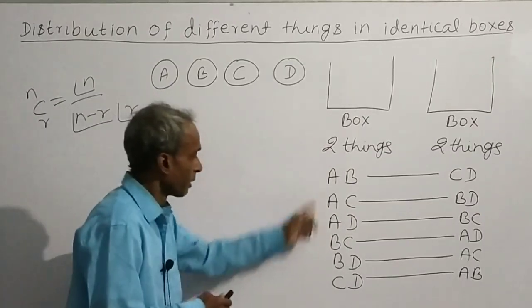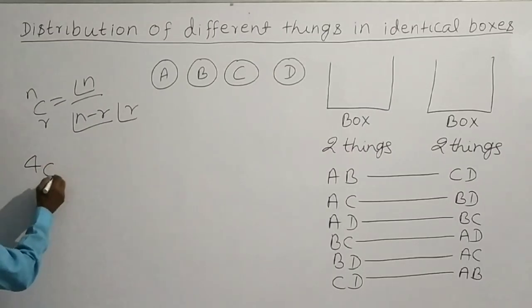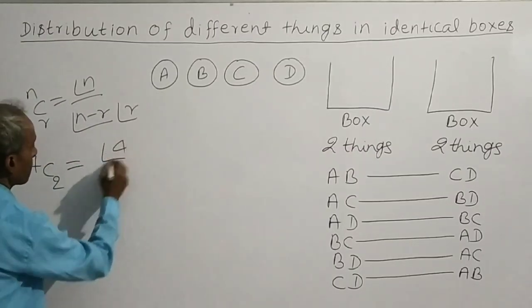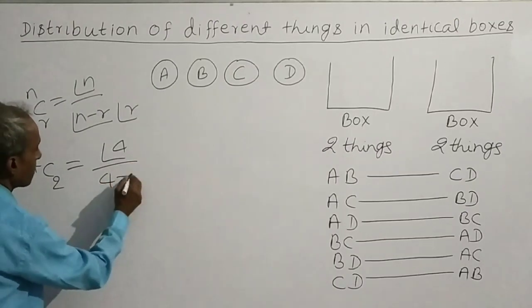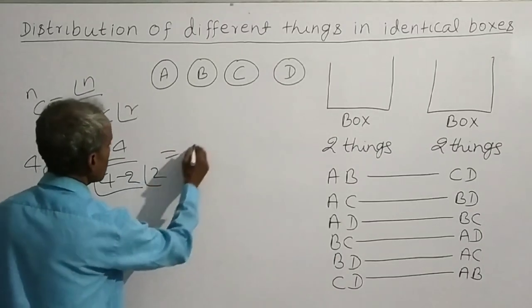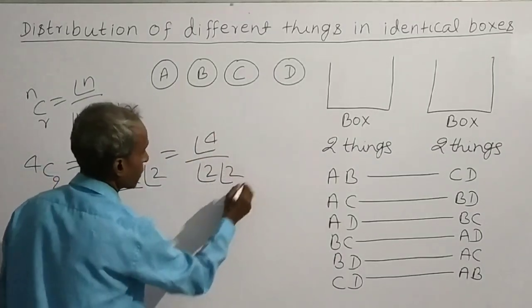This will be 4C2, equal to factorial 4 by factorial 4 minus 2 factorial 2, that is factorial 4 by factorial 2 factorial 2.